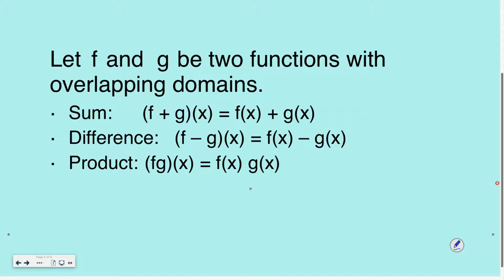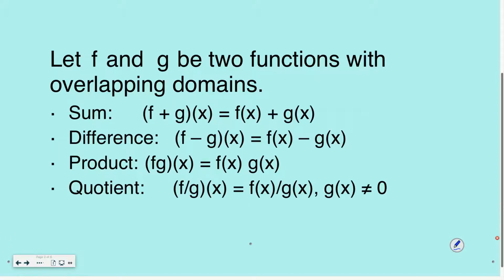And then for our quotient, the division is probably going to be the simplest to perform. However, we have to make sure that our denominator is not going to equal 0. So that's something we will have to consider when we look at the domain of our quotient, because we want to make sure we are not going to divide by 0.